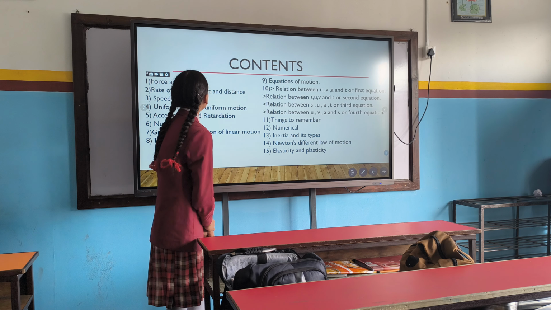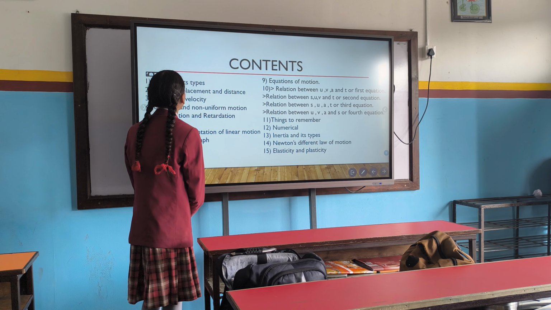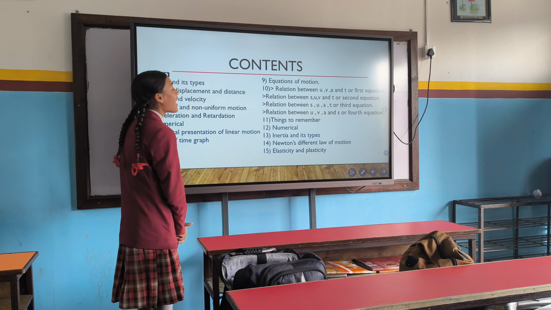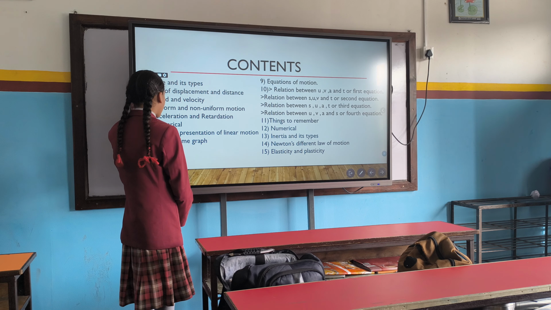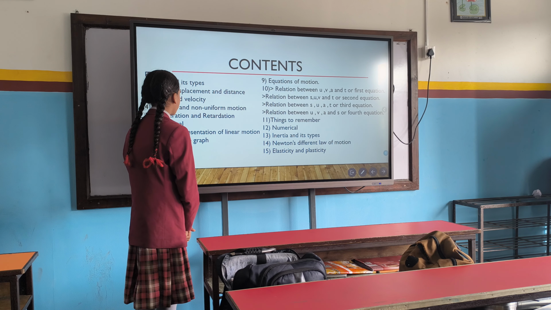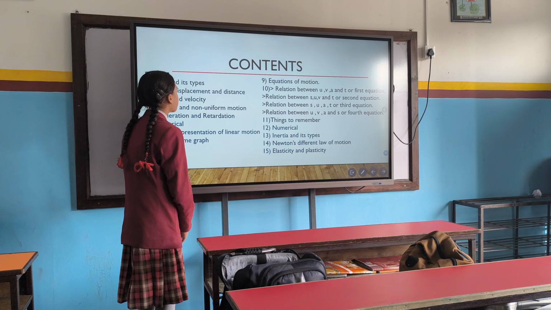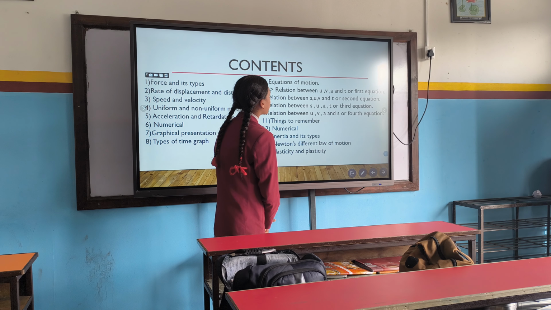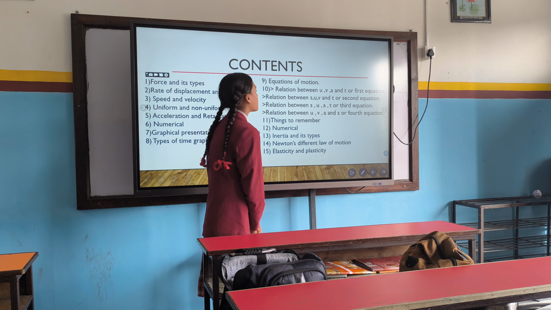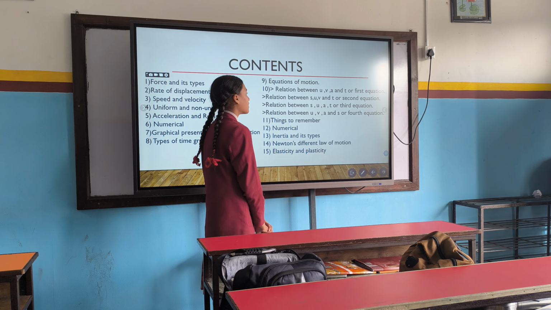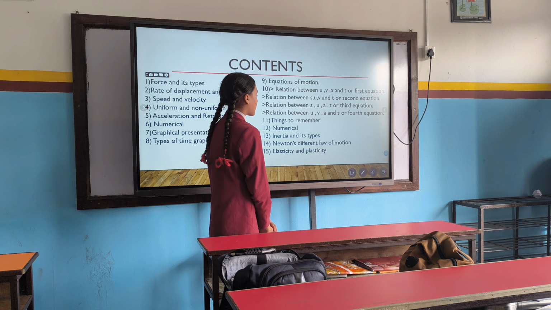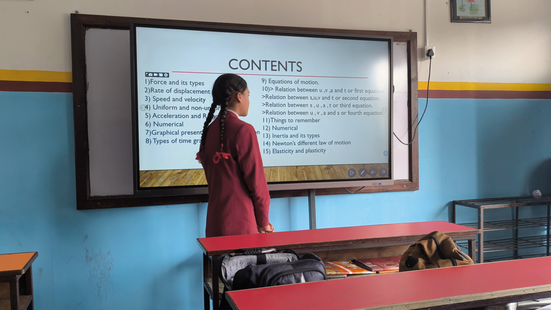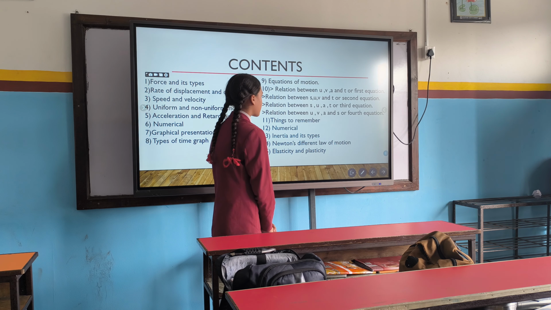Here are some contents. They are force and its types, rate of displacement and distance, speed and velocity, uniform and non-uniform motion, acceleration and retardation, numerical, graphical representation of linear motion, types of time graph, equation of motion, relation between u, v, a and t or first equation, relation between s, u, v and t or second equation, relation between s, u, a, t or third equation, and also relation between u, v, a, s or fourth equation.